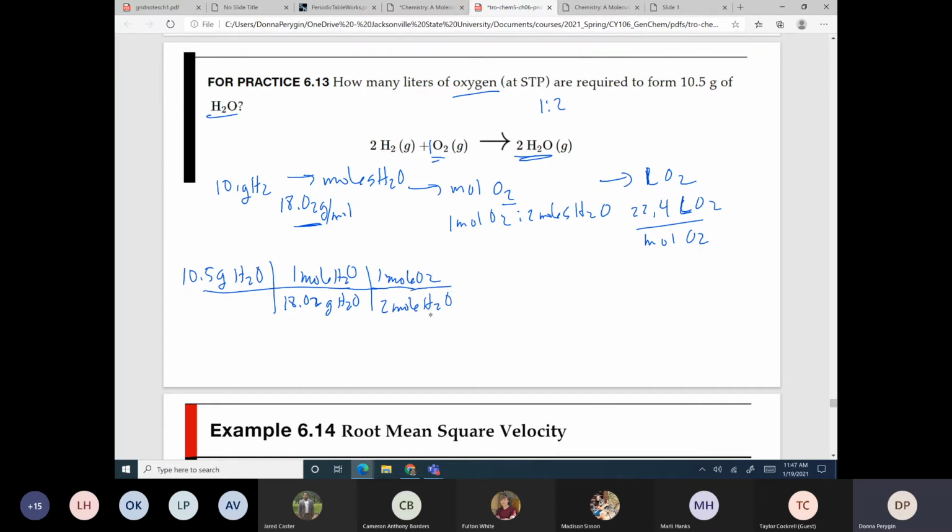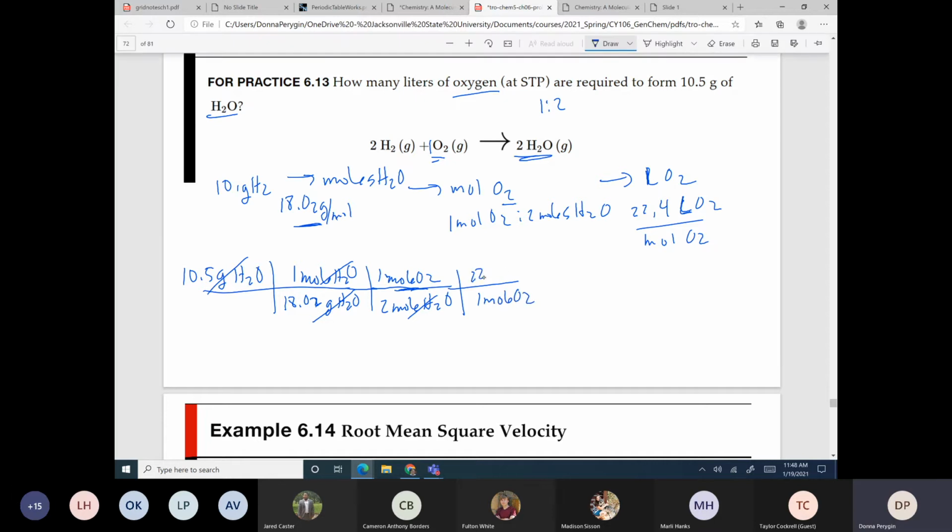So I'm just putting water on the bottom here because it cancels. So we want everything to cancel. Grams cancels, moles of water cancels, and we're left with moles of O2, okay? So now I know that 1 mole of O2 is 22.4 liters of O2, and that is volume of O2, which is what we wanted.